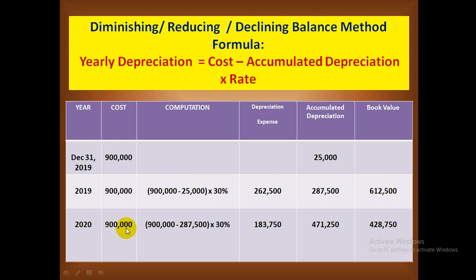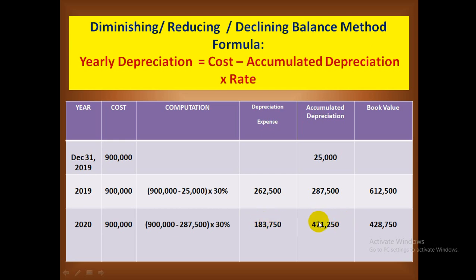For the year 2020, we will use the same formula, but now our accumulated will be these two amounts together. Multiplying it by 30% will give you the depreciation expense for this year.